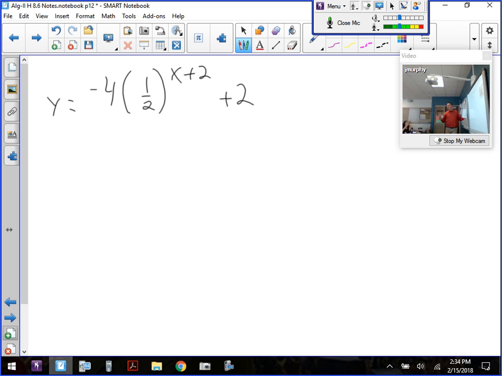In this one, I would look for my parent function. My parent function is just -4 times 1/2 to the x. Yes, ma'am. Yeah, it's the k. Because b is less than 1.